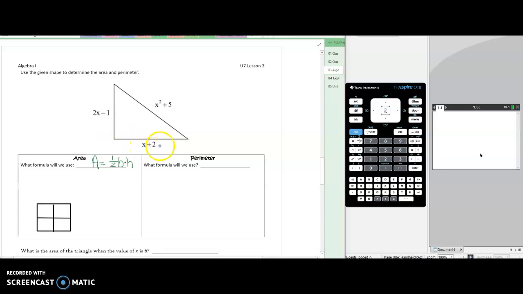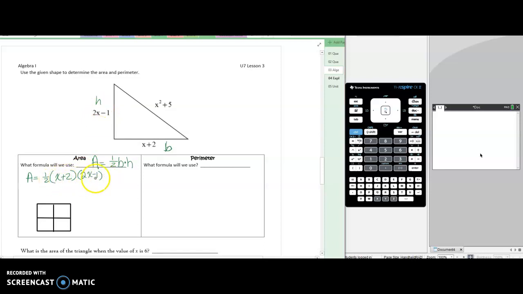So we have x squared. We'll call this one the base, this one the height. It really doesn't matter which one is which, because you're going to multiply them. So our area in terms of x is going to be 1/2 times the base, x plus 2, times the height, 2x minus 1.